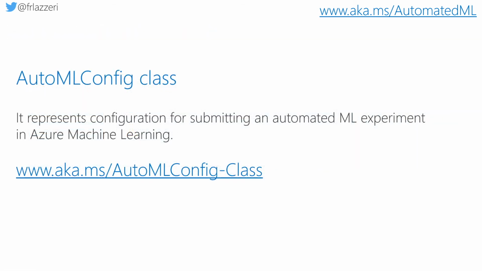Then in terms of how you can write down all these configurations for Azure Machine Learning, there is this class that you can create, and in this class you are going to define the different configurations that you're going to use in order to submit an automated machine learning experiment within Azure Machine Learning.